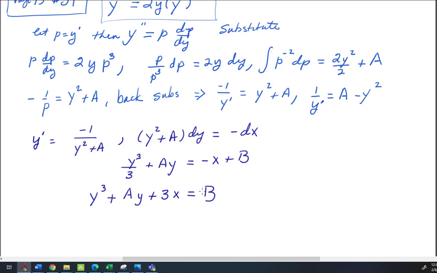And well, that is not explicit but implicitly the solution to the differential equation. And again, you can verify that yourself by substituting y and its derivatives into the original differential equation.